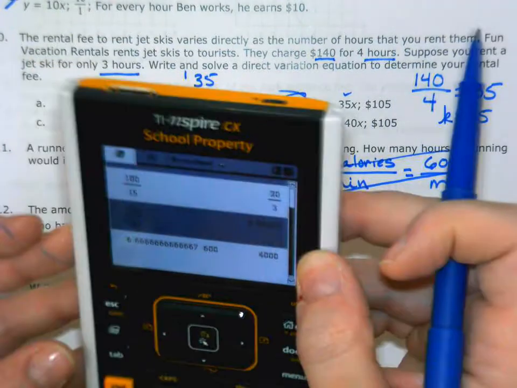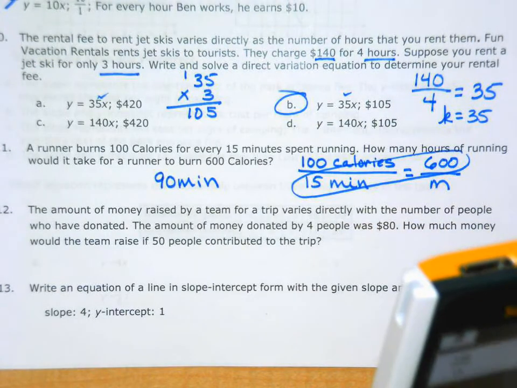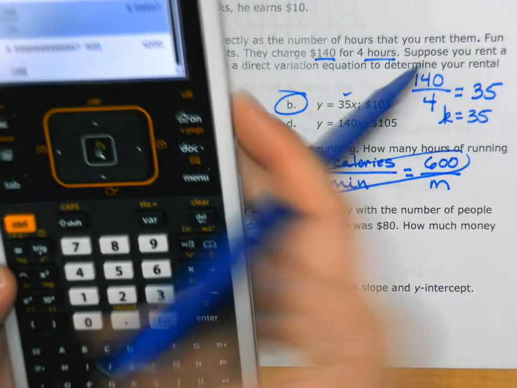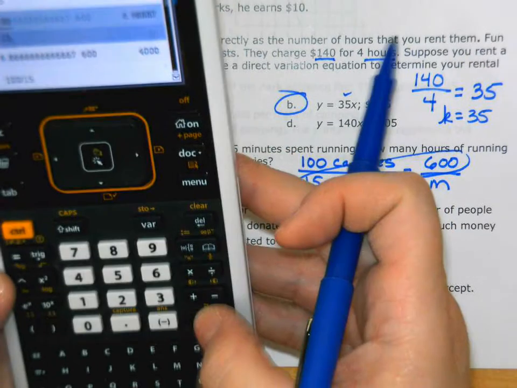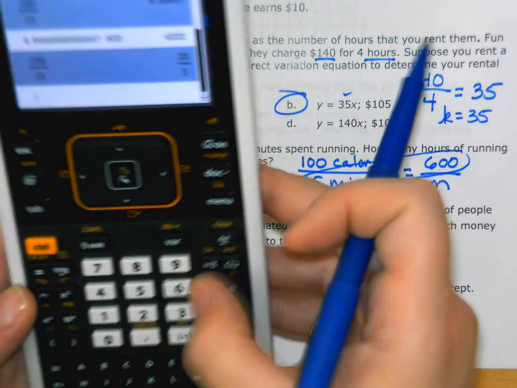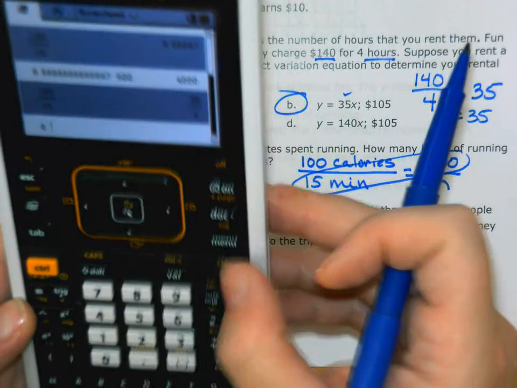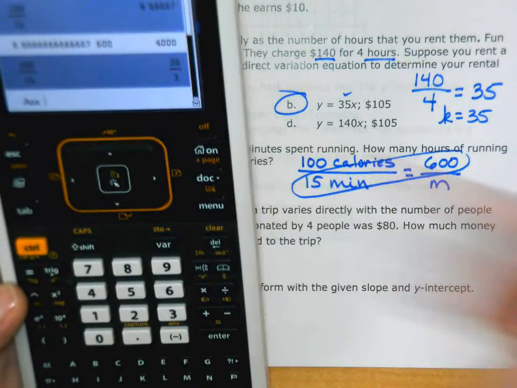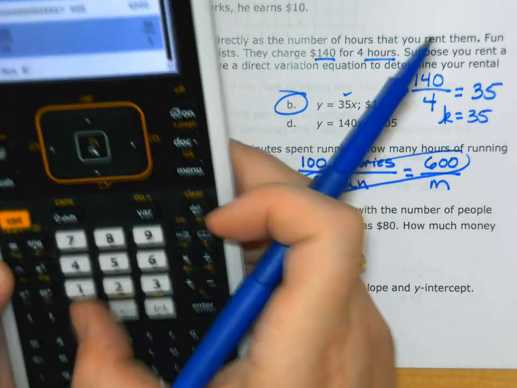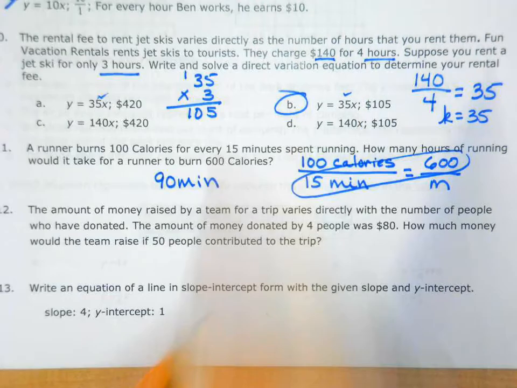But that's not going to come out even, but I still would multiply that by 600. And oops. Something didn't go very well there. What did I do? 100 divided by 15, and then take that times 600.